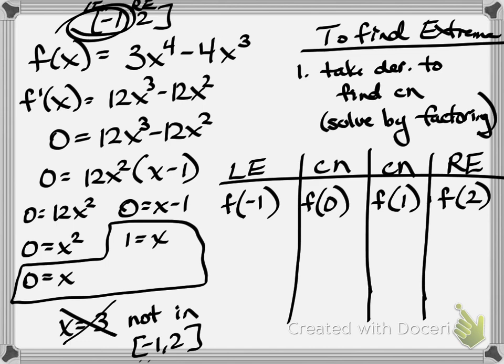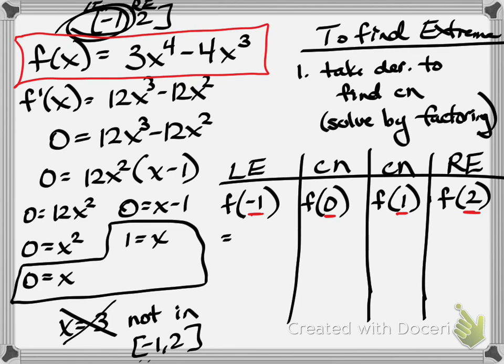And we can do this multiple ways. One way is we could put this into our y equals on our calculator and check the table for all these values. I don't have my calculator with me, so I'm going to just plug it in. So -1 to the fourth is 1, times 3 is 3. -1 to the third is -1, times -4 is 4. So we get 7.